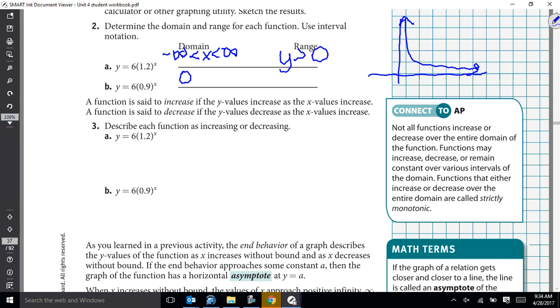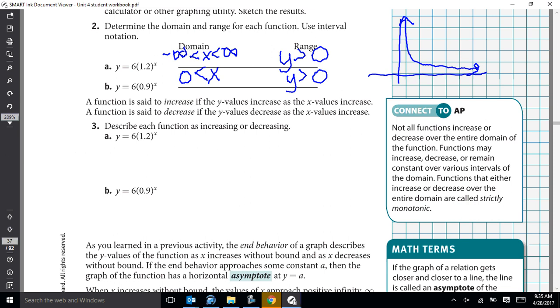So we're going to say x is going to be everything greater than 0, or x is going to positive infinity. And then what about our range? All right, our lowest point again was 0, and it was everything above. When we're looking at domain, we're looking at what are the x values that we can put in, and for the y, what are we getting out?